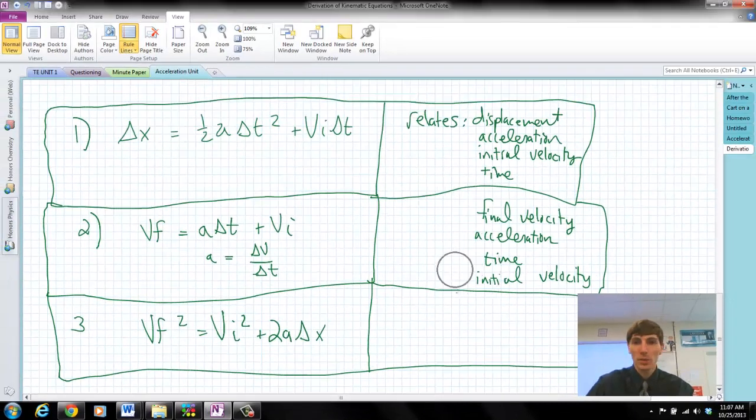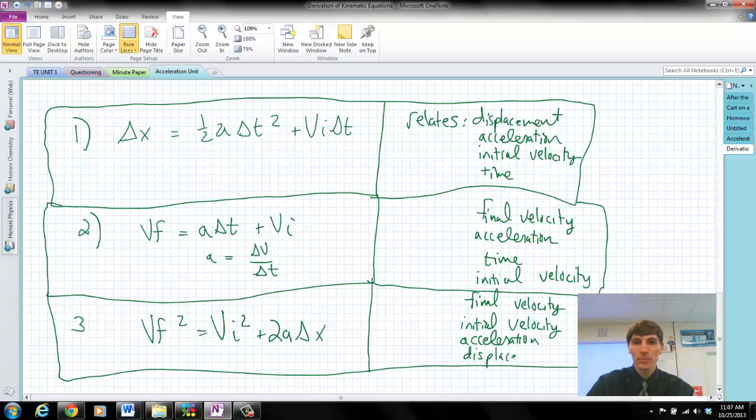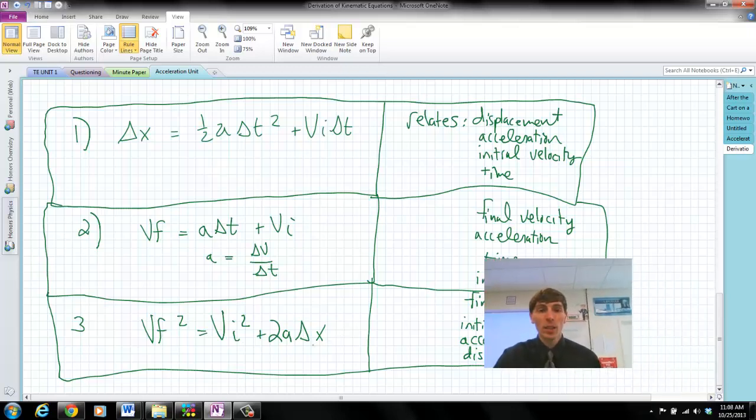This one relates my final velocity, my initial velocity, and last but not least, my acceleration and displacement. So if I have three of these four, I can use this equation to find my unknown.